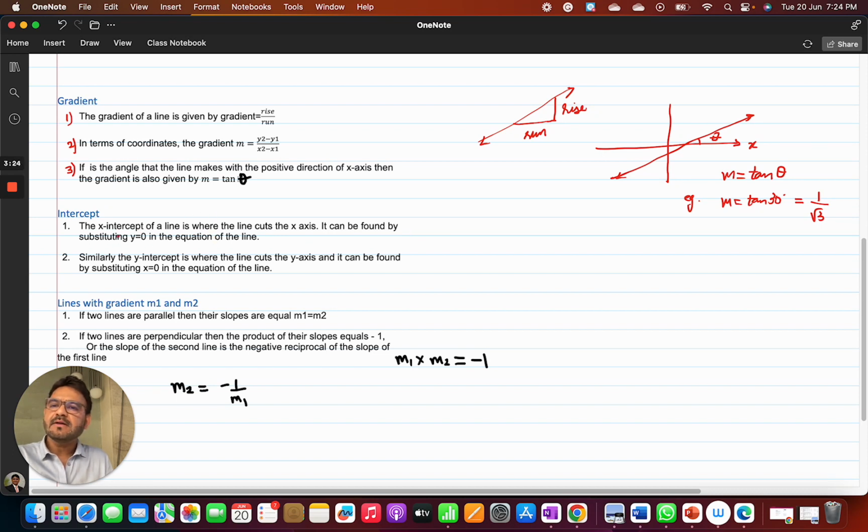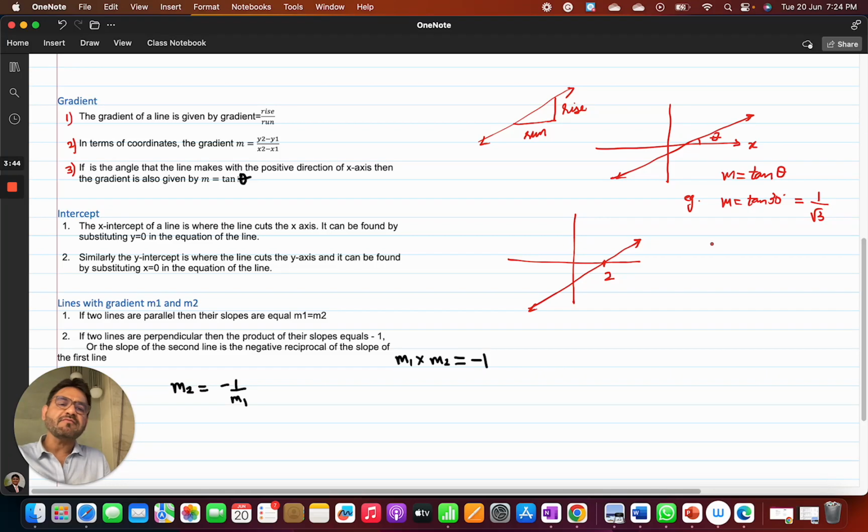Intercept. The x-intercept of a line is where the line cuts the x-axis. Let me draw another diagram. If I give you any line, I've just drawn this line over here. This is the x-intercept. If this is, let's say, 2, the x-intercept is 2.